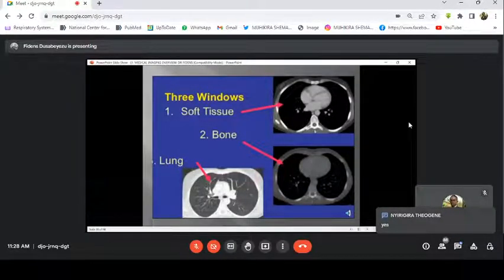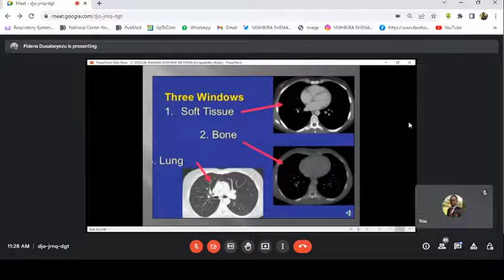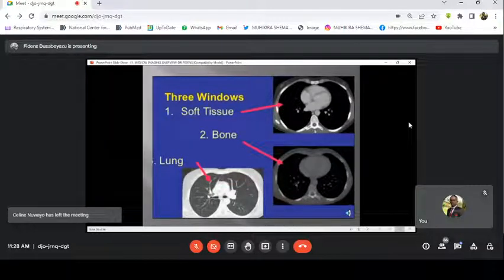Good. So in a CT scan, we can produce different windows. Windows means you change from soft tissue density to air to bones.